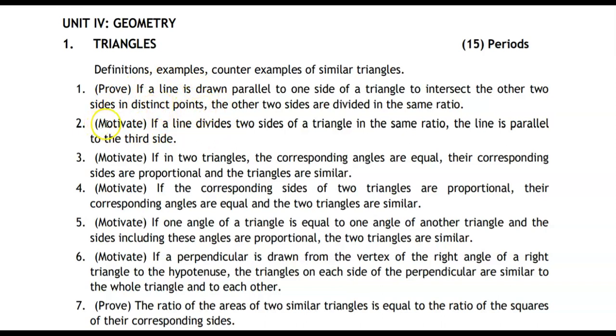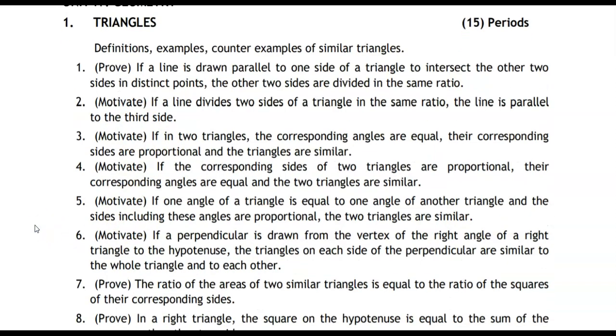Where we have the label motivate, it means you need not prove it. In your upcoming final board exam, they won't ask you to prove this statement, but we are going to use the condition of this statement while solving the problems of motivate 1. Done? Is this clear? Good.